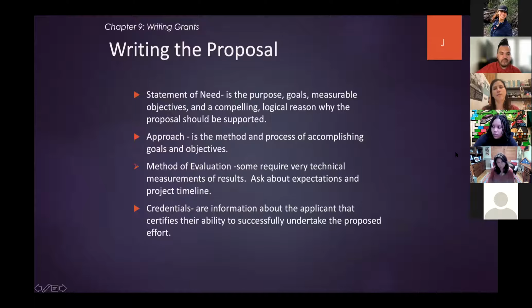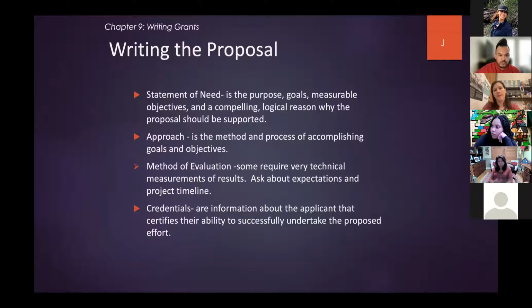And so there are at least 4 different sections to that proposal that need to be well written, clear, and succinct, and matching again the objectives, goals, and mission of the organization that is trying to provide this funding to you. But the first piece is that statement of need. It's that piece of writing where you articulate why you need the resources and what you plan to do with them.